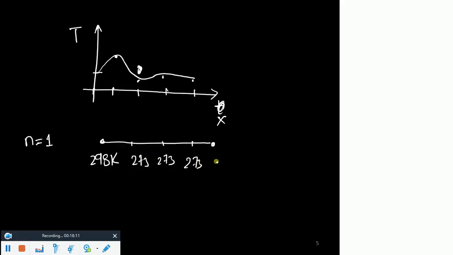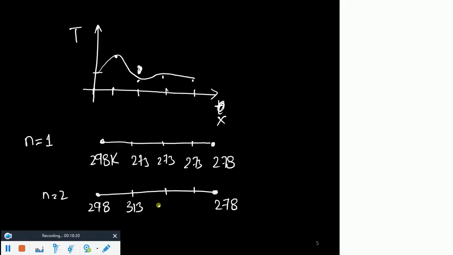This is also 273. And at the very next time level, n equal to 2, this is 278. Does it look physically correct?